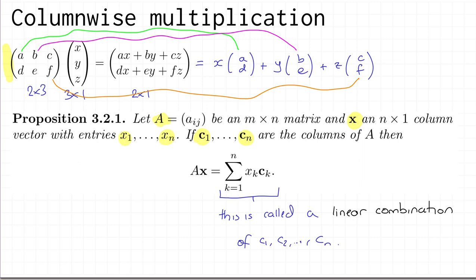And here what we've shown is that when you multiply a matrix into a column vector, so when you form this thing AX like we've just done, the result is a linear combination of the columns of the matrix A. And that's precisely what happened in our example at the top. When you multiplied our matrix into that height 3 column vector, what you got was a linear combination of the columns of the matrix on the left.